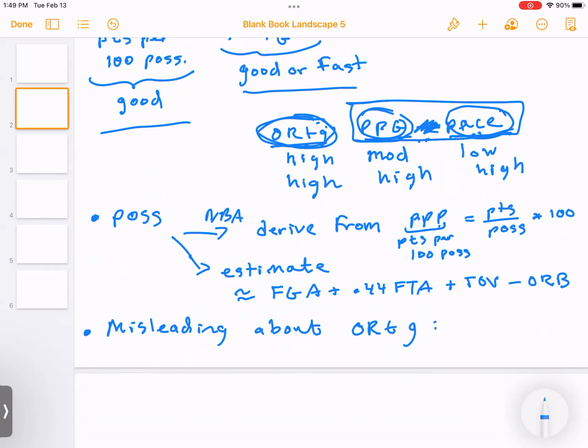A lot of times though, when front offices are doing their analysis and they're looking for certain types of offenses that they want to build, they will look at them separately. But as a first look, you just got to remember, I mean, the Pacers, what do you think the 23-24 Pacers offensive rating rank is? I don't mean to pick on them. They're an interesting team, especially now they've made a couple good trades.